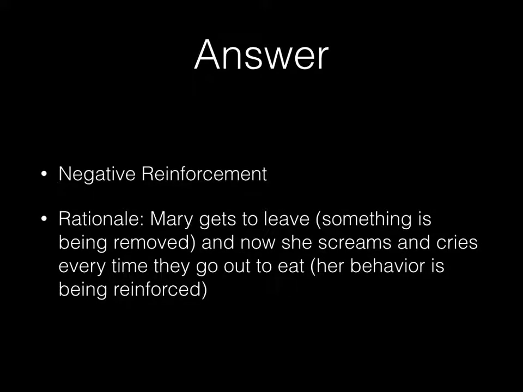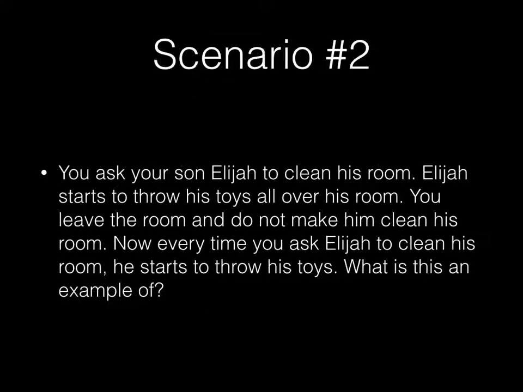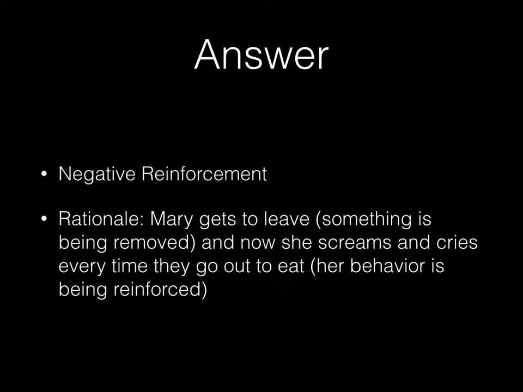Negative reinforcement. Why? Because Mary gets to leave, so something is being removed, and now she screams and cries every time they go out to eat, and her screaming and crying is being reinforced. Obviously maybe going out to eat isn't something that Mary particularly enjoys, so she's going to do something to get out of that situation. Again, that's another example of negative reinforcement working against you.